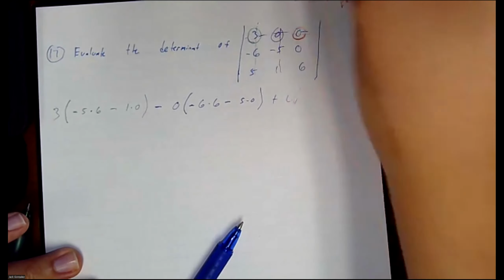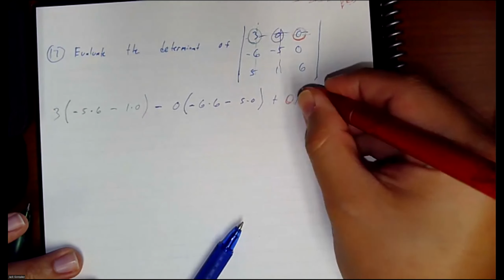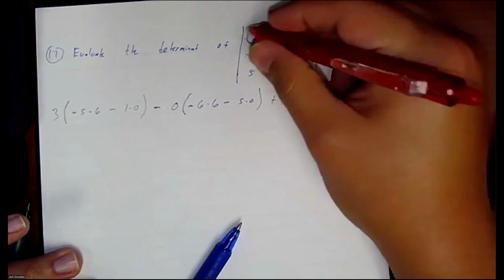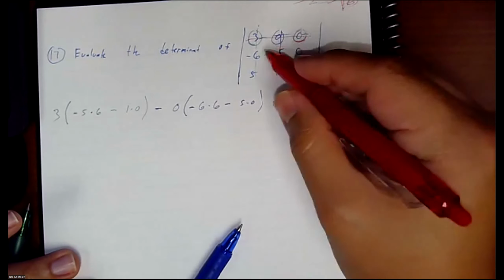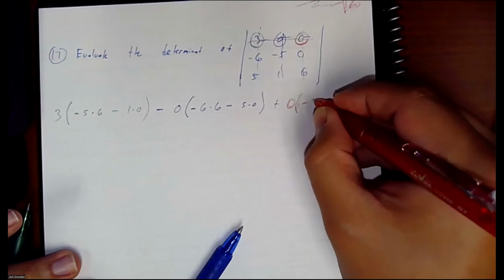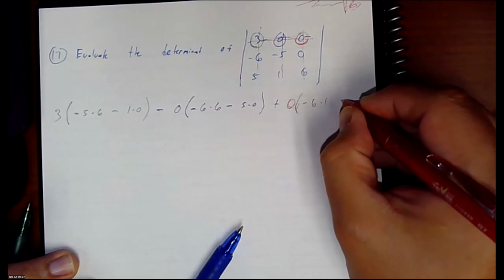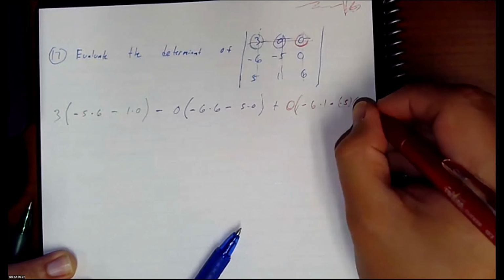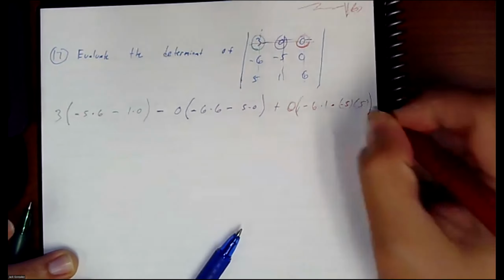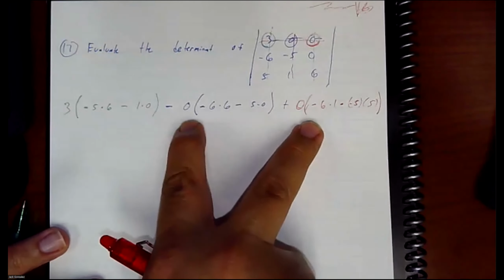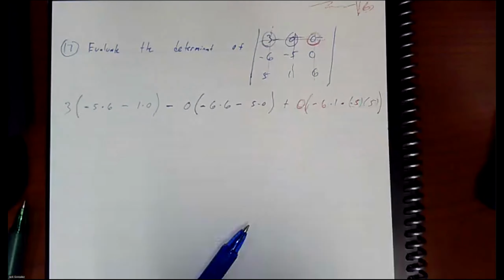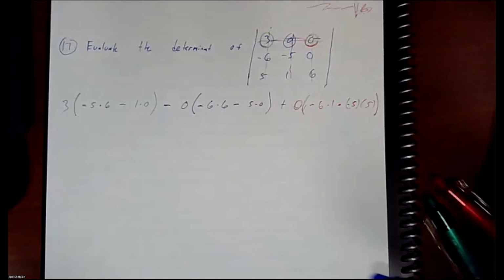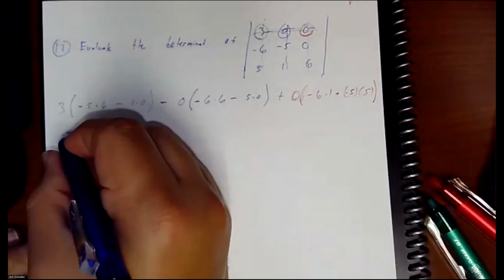And 0 times this determinant. Negative 6 times 1 minus negative 5 times 5. Obviously, none of this matters because these are zeros, right? They're gone. The only one that really matters is this one.